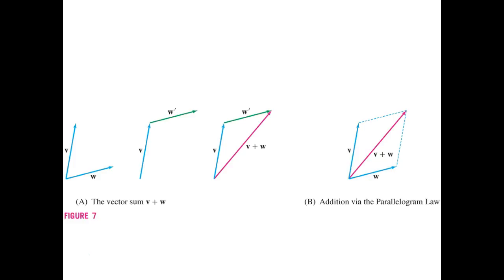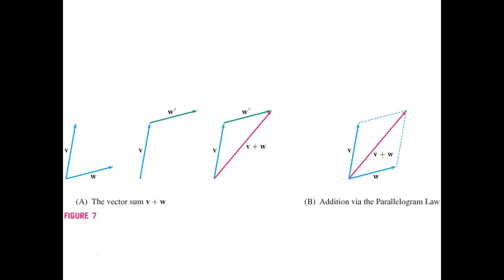Now, that's one way to do it. Another way you could do it graphically, and graphically is not the best way to do addition of vectors, but it's the way you can, is complete the parallelogram. In other words, put W up here just like we did, and put V over here. We didn't do that, but if we had done W plus V, then we'd move V to here, and you'd have ended up at the same point.